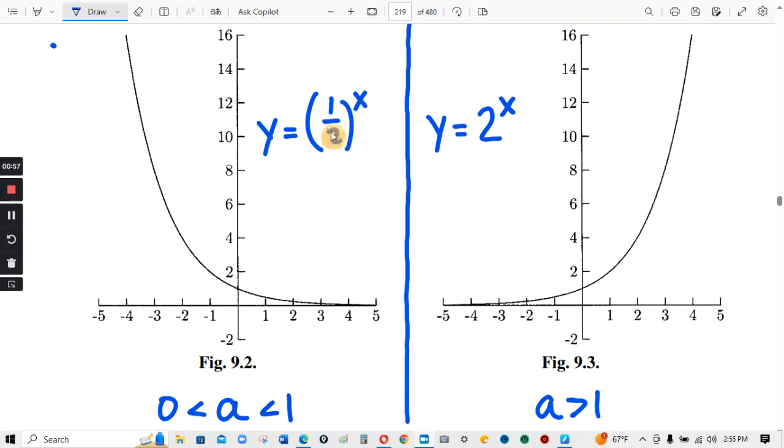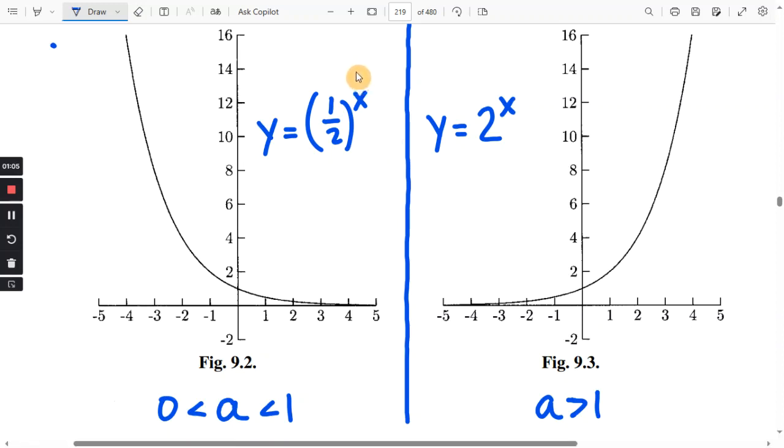And if you kept multiplying 1/2 over and over again, that fraction is going to get smaller and smaller. So as x gets larger, the overall value of y decreases. It gets smaller because you keep multiplying 1/2 over and over. So the graph trends downward as x gets larger, okay? And it's going to approach y equals 0 but never reach it.